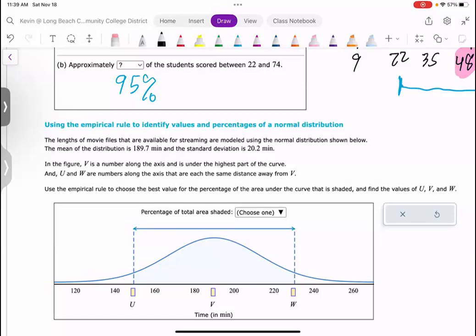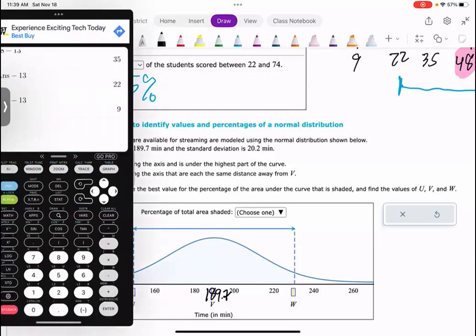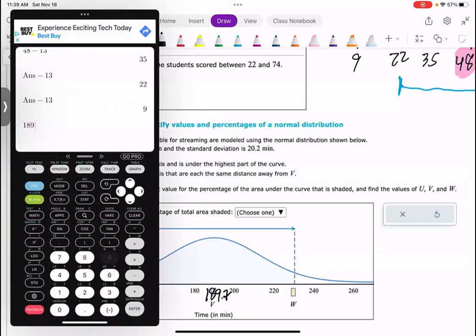Let's start with V. V is going to be 189.7. And what I'm going to do is keep adding a standard deviation until I get, for W, a number between 220 and 240. So let's do this. 189.7 plus 20.2.